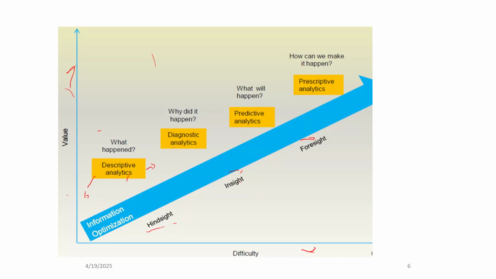Why did farm A have more yield than farm B? Why is farm C growing back to negative, even though it was leading before? This is called diagnostic analysis. You are not just comfortable knowing what has happened. Why did it happen? That is the question of diagnostic analysis.